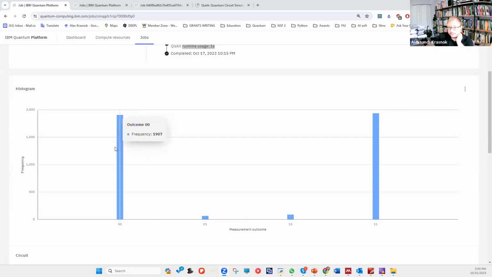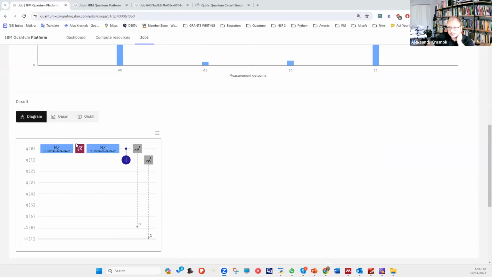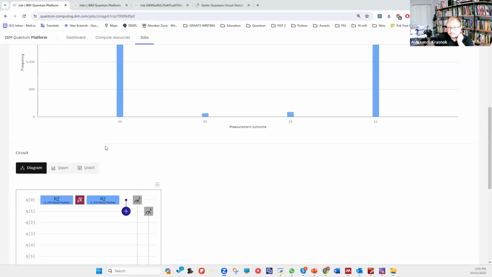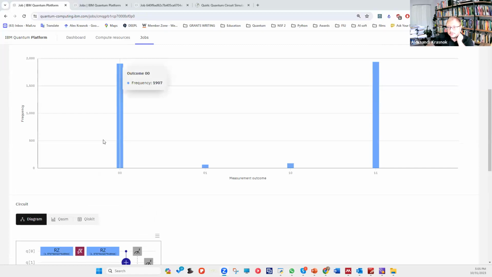Okay, so first we simulated the circuit consisting of the Hadamard gate and the CX or CNOT gate, which creates the Bell state. First, we simulated this state using the classical simulator, which mimics the operation of a quantum computer. And we got two possibilities, right?